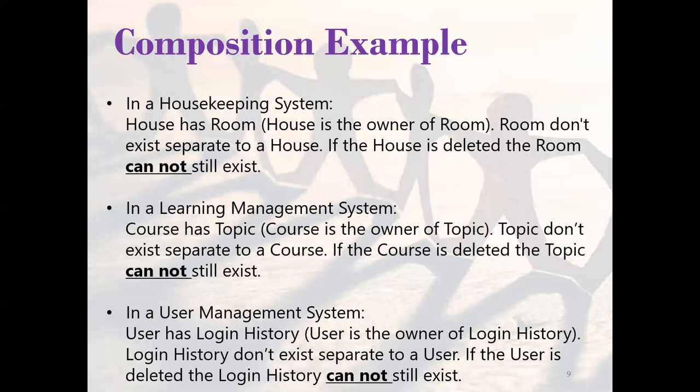Those dependents objects heavily depend on the parent object, which is the lecturer. If the lecturer is removed, then all spouse or kids data will be automatically removed. That's composition. So it's in contrast to the aggregation.